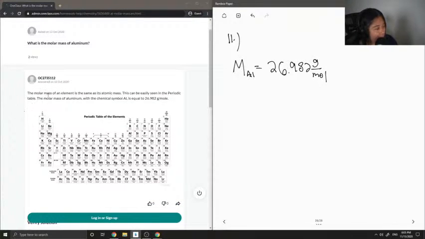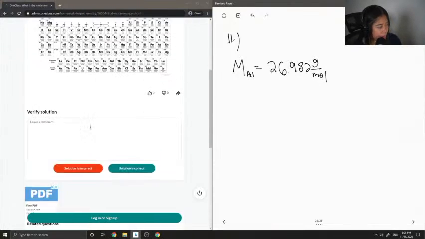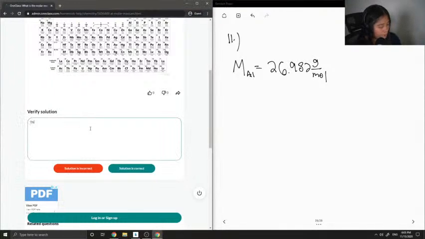Molar mass of an element is the same as its atomic mass. This can be easily seen in the periodic table. Molar mass of aluminum with chemical symbol Al, so you can't really see it, but it would be here, is equal to 26.982 grams per mole. Okay, so this solution is correct.